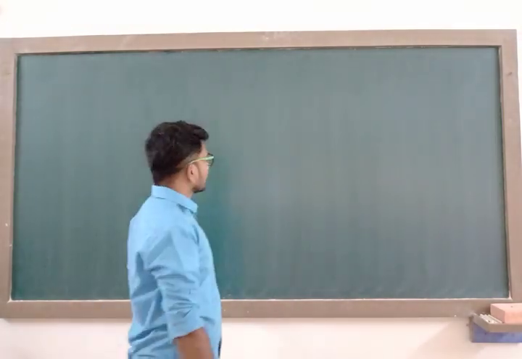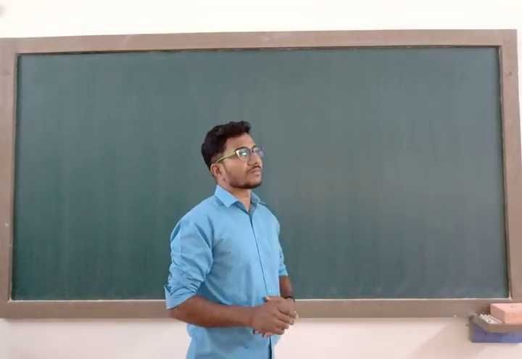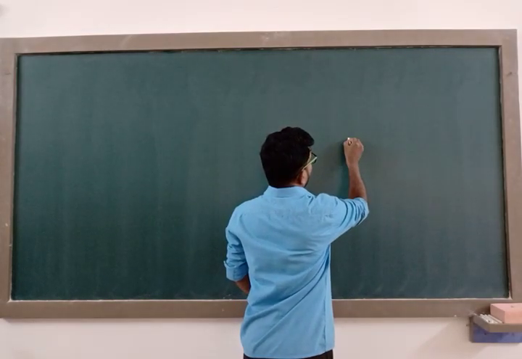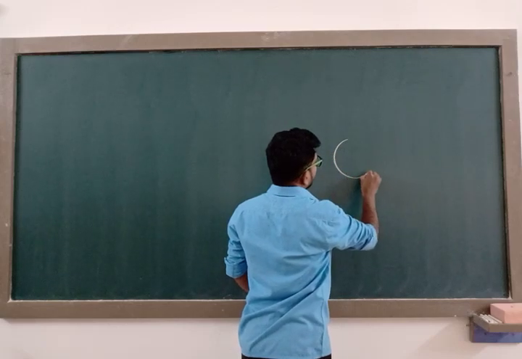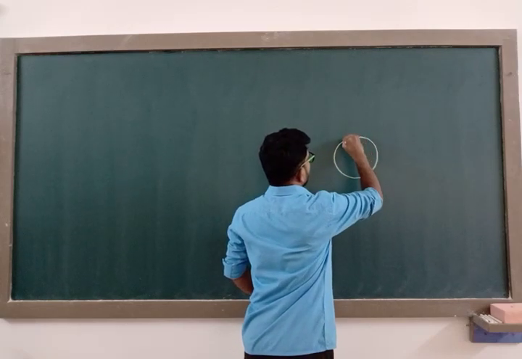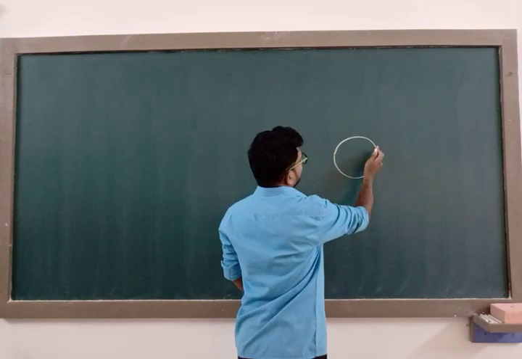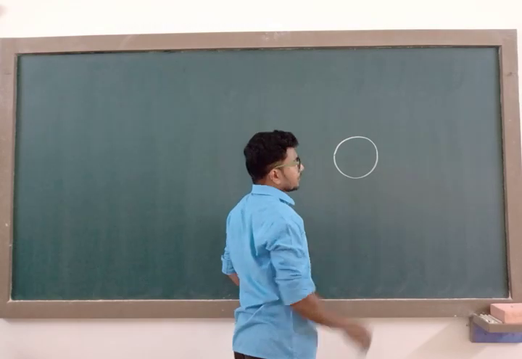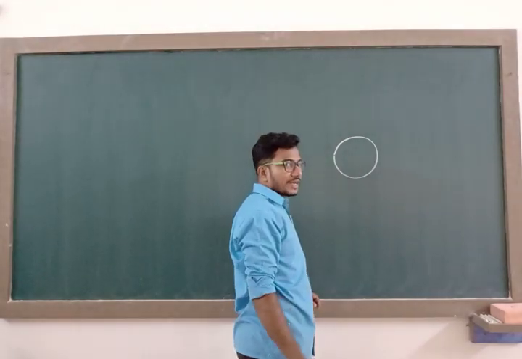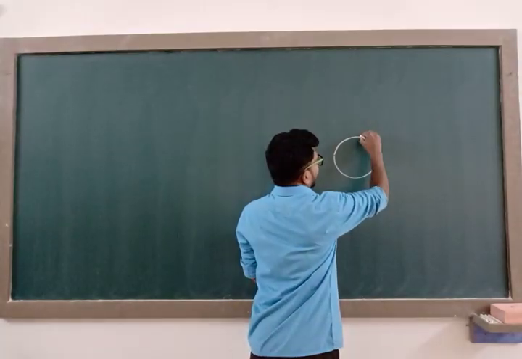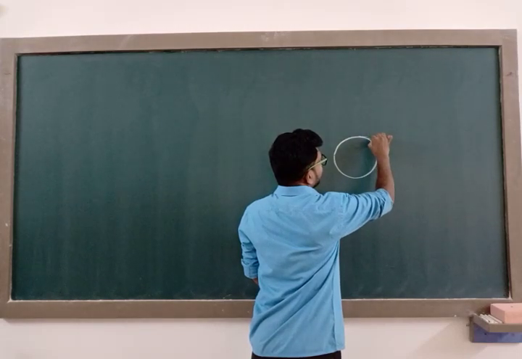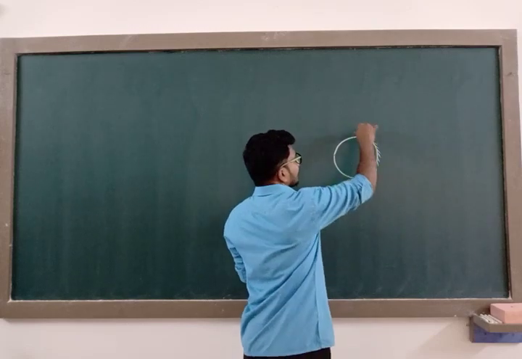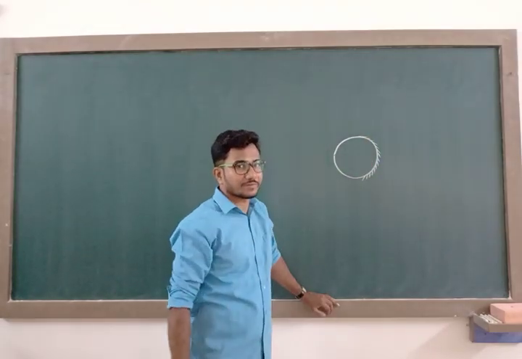So let us consider a hollow sphere. In case of this hollow sphere, one side is opaque. That means it is manufactured in such a way that its outer surface is opaque, inner surface is reflecting.